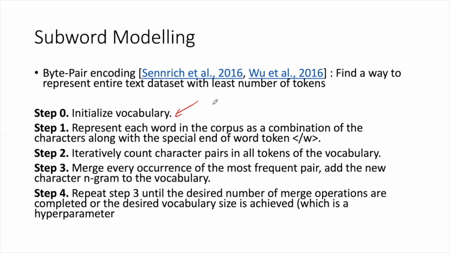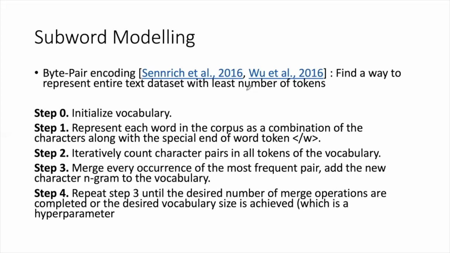Then we try to represent each word in the corpus. All the words that exist in the corpus, or the text data that we have, we represent as a combination of these characters along with a special end-of-word token.